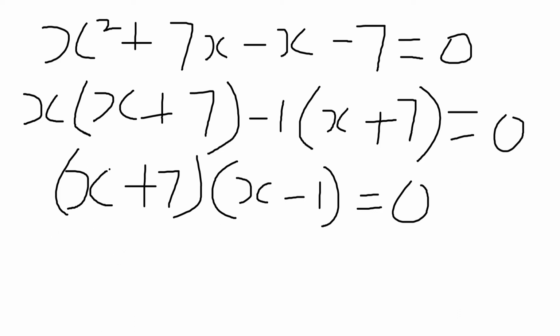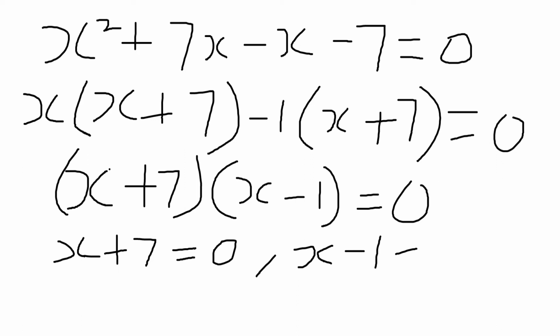So from this point, we set the first bracket, x plus 7, equal to 0, or the other one, which is x minus 1, equal to 0.